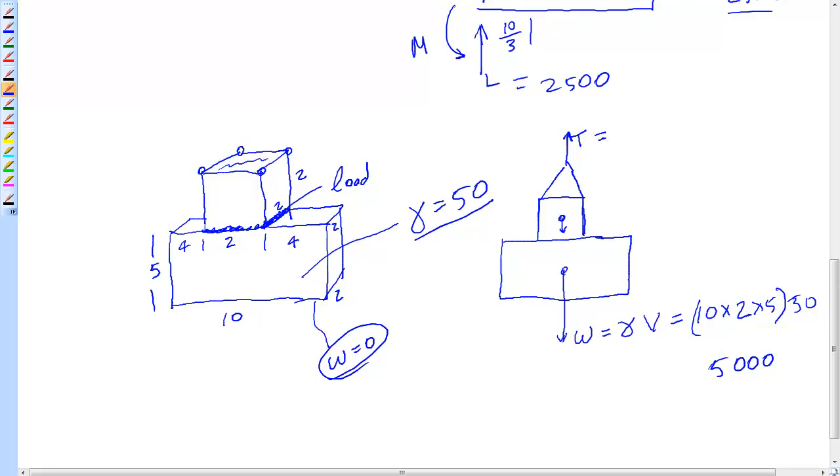So the tension is going to be equal to, now I've got to figure out this weight. Same equation, different volume. 50 times what's the volume there? 2 by 2 by 2. 2 times 2 is 4, times 2 is 8. 8 times 5 is 40, but you've got another term, so that's 400 pounds.